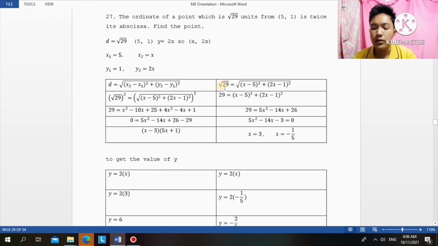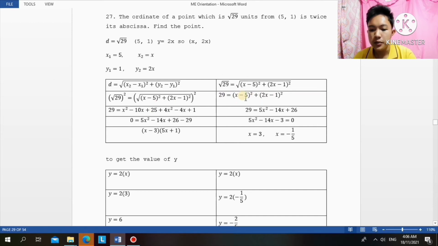So substitute the values. Our equation will be the square root of 29 is equal to the square root of (x minus 5) raised to 2 plus (2x minus 1) raised to 2. So square both sides, or raise to 2 both sides, to cancel out the radical sign or square root. So it will become 29 is equal to (x minus 5) raised to 2 plus (2x minus 1) raised to 2.